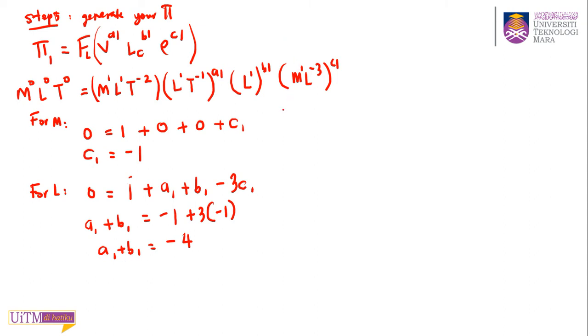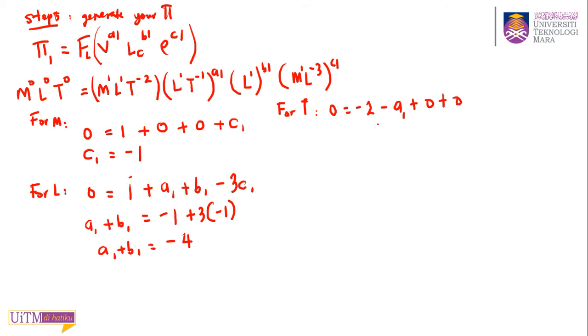So we do it for T after this. For T, T0 equal to, so we have 1T here and it's minus 2. Okay, minus 2 for F, and for V there is one T, so this is minus 1, times A1, so this will be minus A1, and this is 0, it's plus 0, and this is also 0, plus 0.